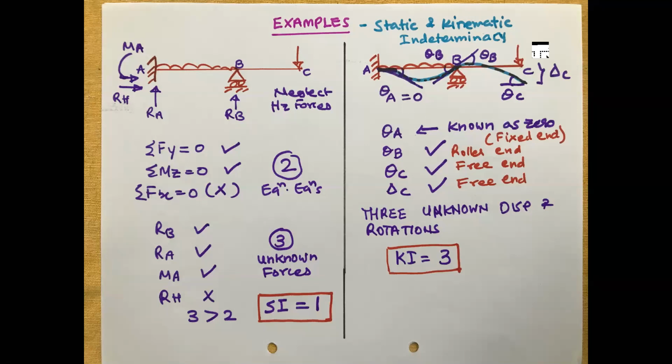So in this beam, the only unknown displacement variables or rotations are theta B, theta C and delta C. So 3 unknown displacements and rotations. So the kinematic indeterminacy of this structure is basically 3.